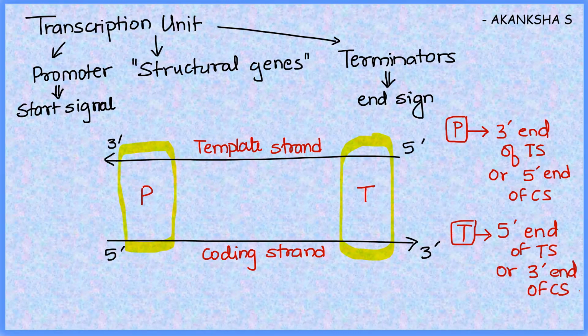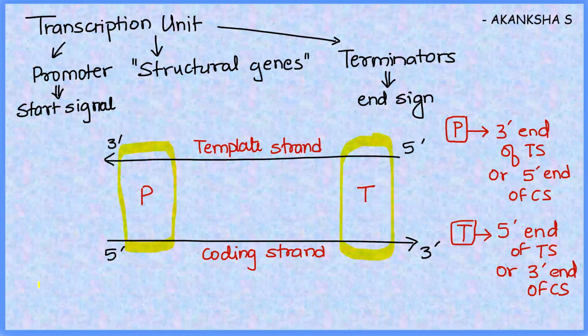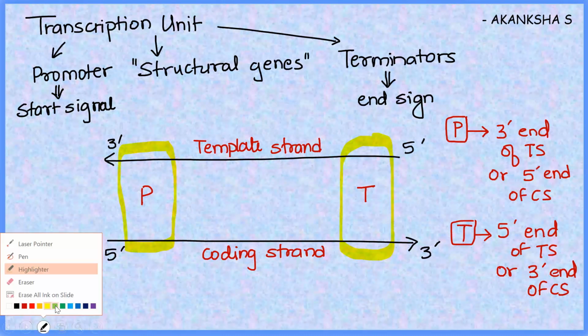So you can position them, label them according to your wish, but please make sure to properly allocate the strand name along with it. That would be helpful. There is a general perception of naming the position or locating the position of promoter and terminator with respect to coding strand. So how do we actually take it?